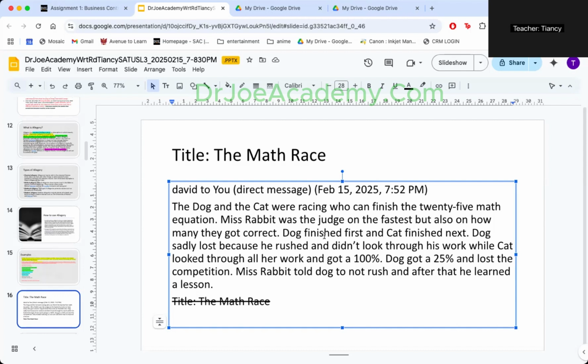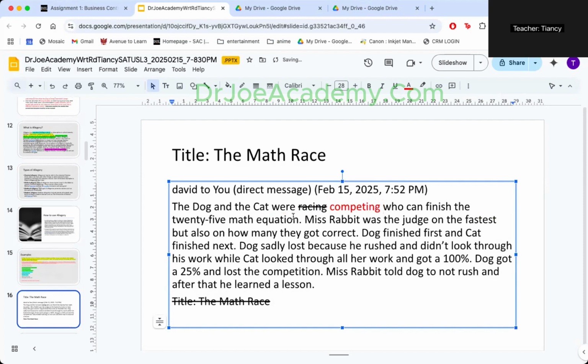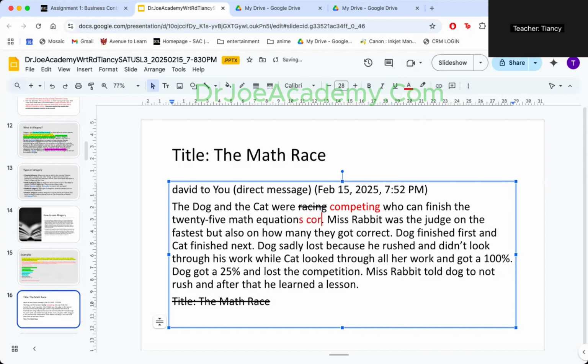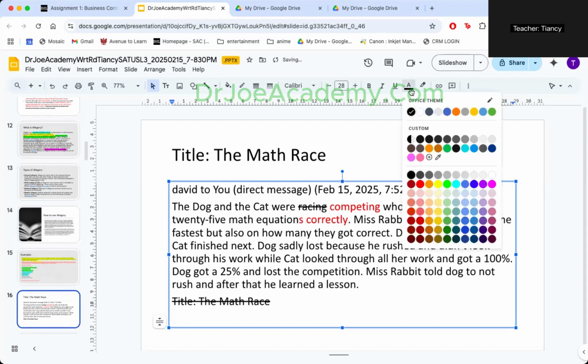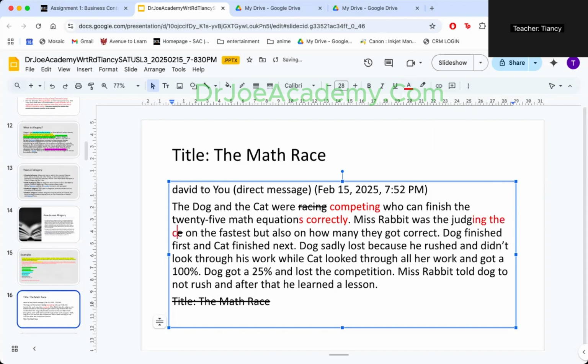Okay. So the dog and the cat were racing. We're competing, not racing. Competing. Who can finish 25 math equations correctly? Correctly and fast. Miss Rabbit was the judge, so Miss Rabbit was judging the competition.